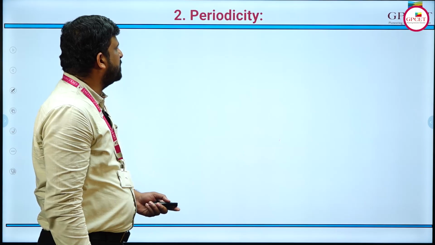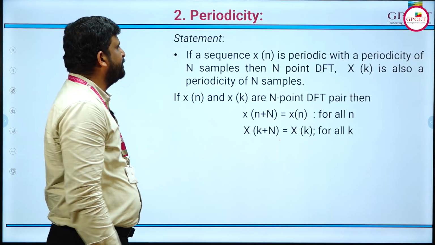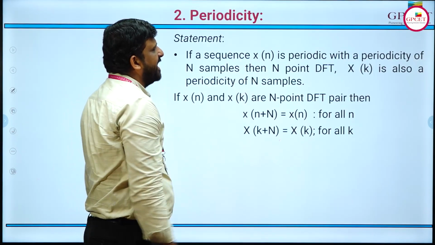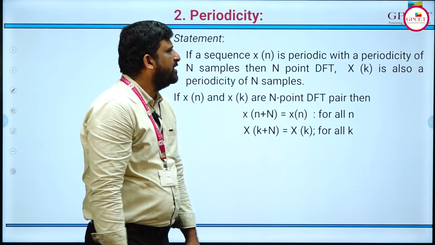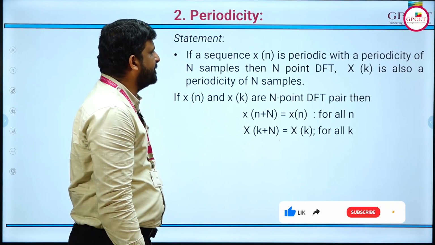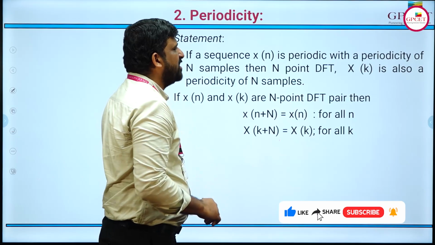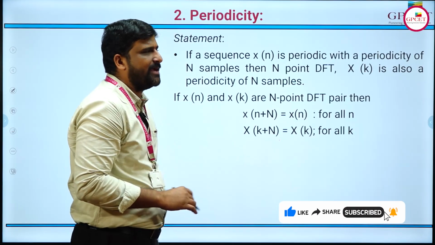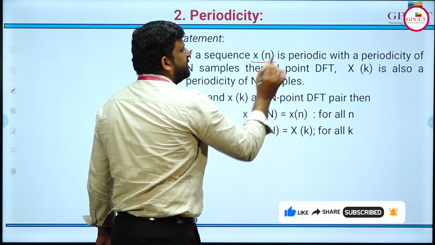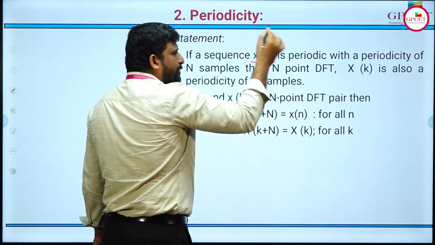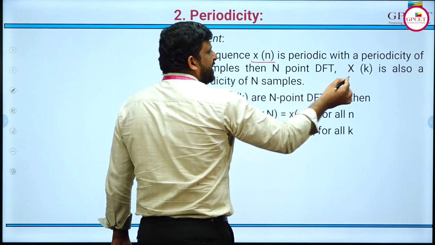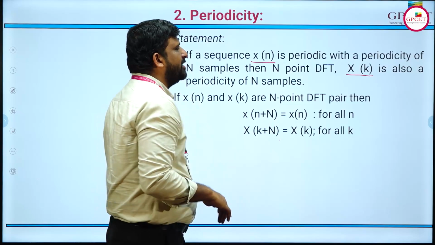The next one is the periodicity property. What it says: if a sequence x of n is periodic with a periodicity of N samples, then the N point DFT X of k is also periodic with N samples. That means x of n is periodic with N samples, and the produced DFT X of k should also be periodic with N samples.